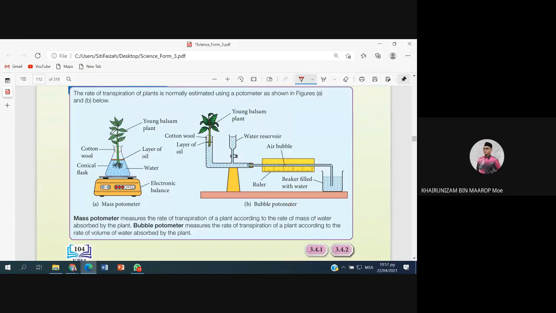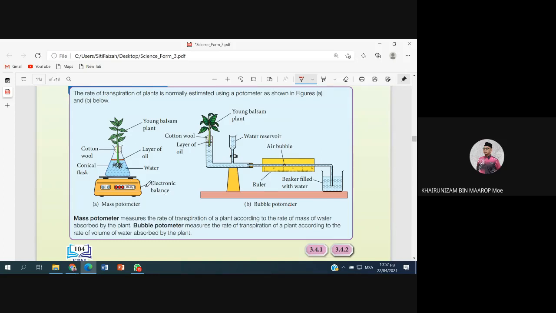Okay, if you look at this one, the plant is put in the conical flask, filled with water, and then the surface of the water has a layer of oil. So why do we put the layer of oil? And then we put another cotton wool here.